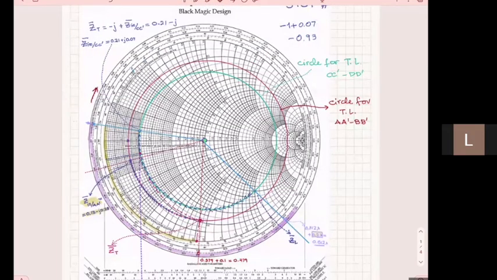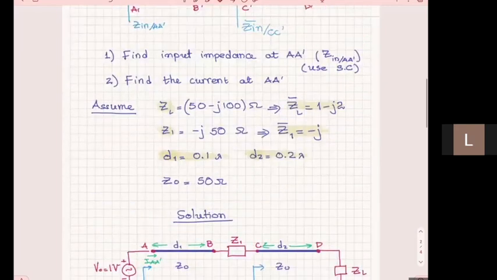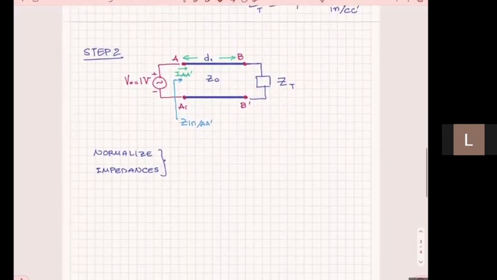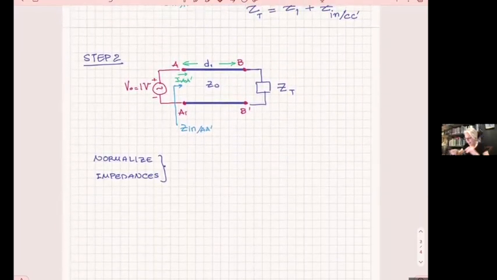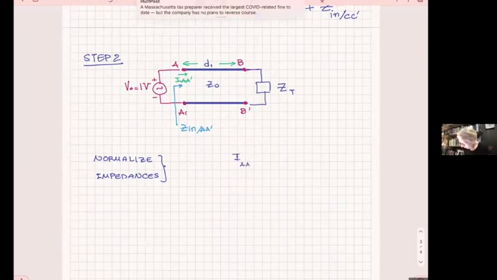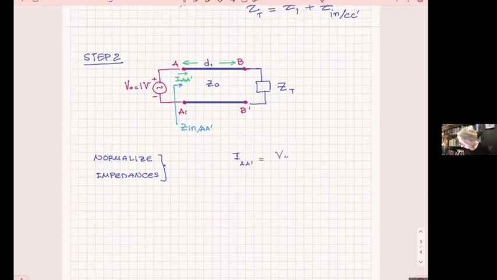I had a quick question about the second part. So is the current at AA prime just V0 over Z in at AA prime, or is it something more? The current I at AA prime becomes V naught divided by Z in at AA prime, but not the normalized.